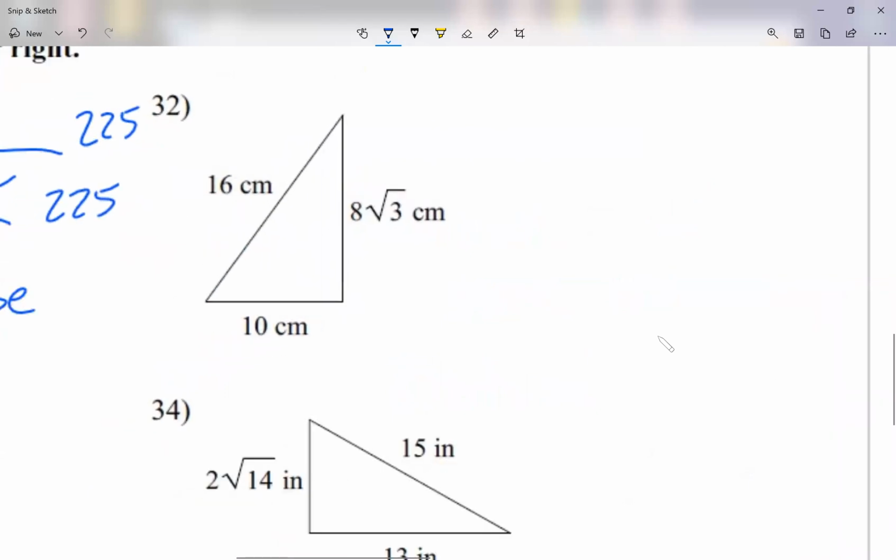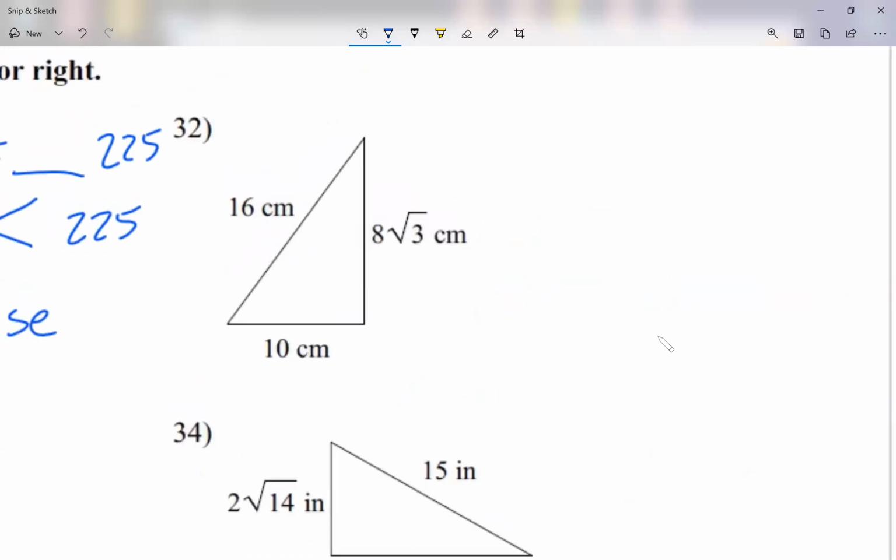Let's take a look at number 32. Let me square everything. 16 squared is 256. 10 squared is 100. Now, 8 radical 3. If I only had the 8, squared will be 64. Let me put it inside parentheses.